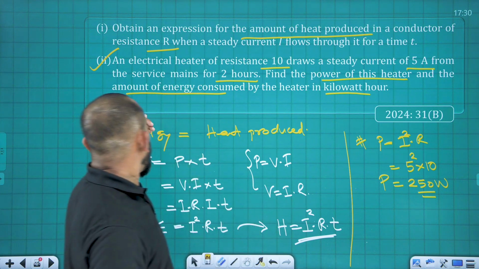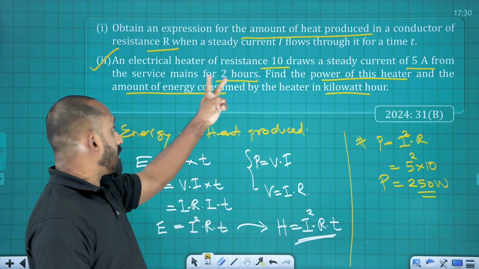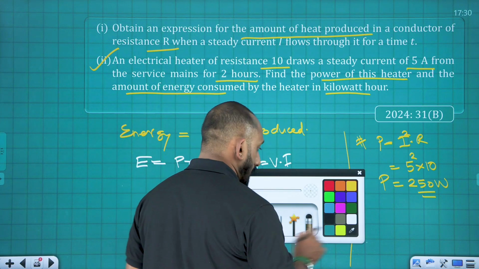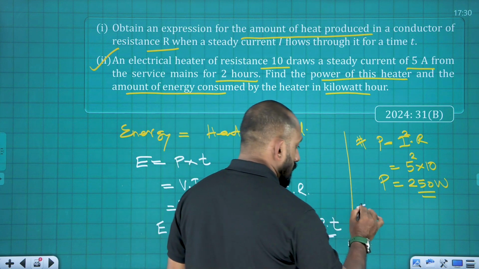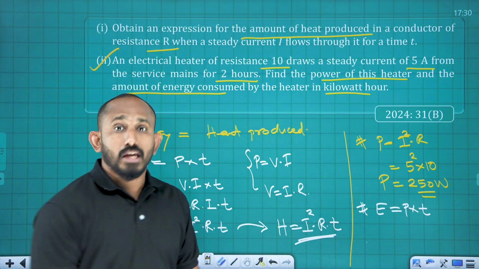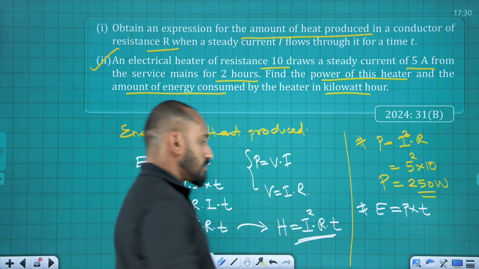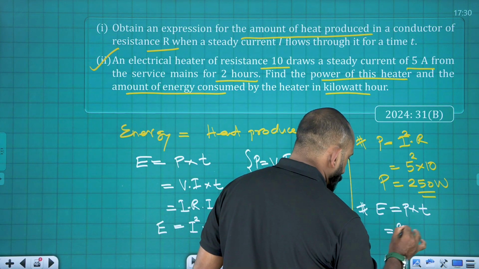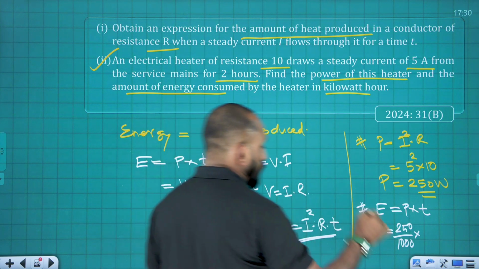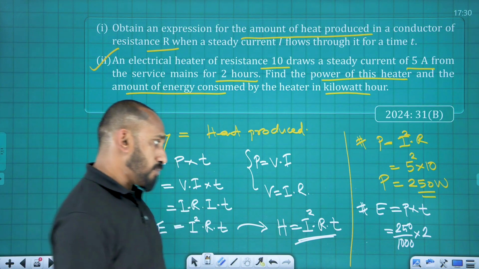Then, the amount of energy consumed by the heater in kilowatt hour. This is given for 2 hours. With this power, how much energy will be consumed? For energy, we have the equation E is equal to power into time. In kilowatt hour, power 250 you have to convert to kilowatt. So, it will be equal to 250 divided by 1000 into hour, which is given as 2. 250 divided by 1000 is 0.25.